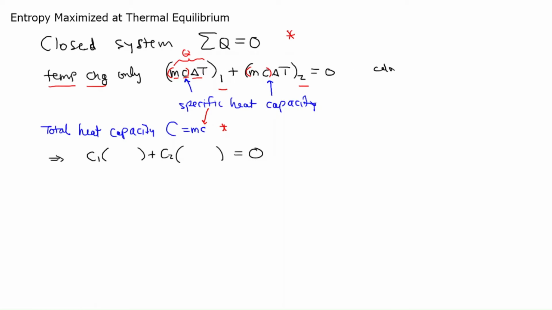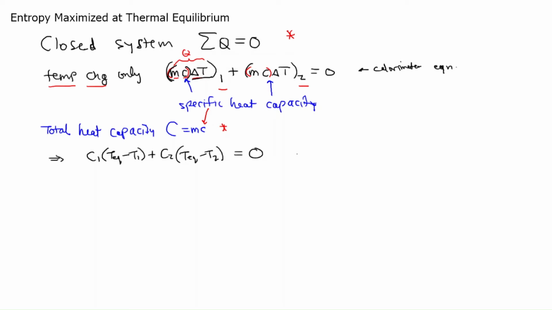Sometimes we call it the calorimeter equation. We can write that as the total heat capacity of subsystem 1 times delta T, which is going to be the equilibrium temperature minus the starting temperature of subsystem 1, and then likewise for subsystem 2, capital C2 times that temperature change.